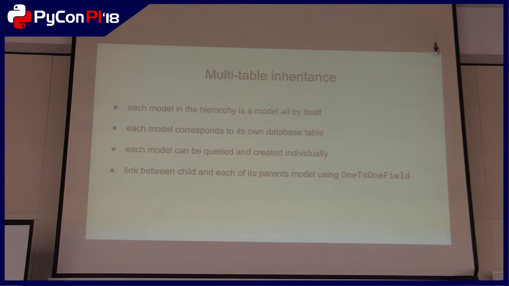Every model is saved independently to the database and has its own database table. Each model can be queried and created individually, so we could create either a parent object or a child object. And there is a link between the parent object and child object using a Django one-to-one field.